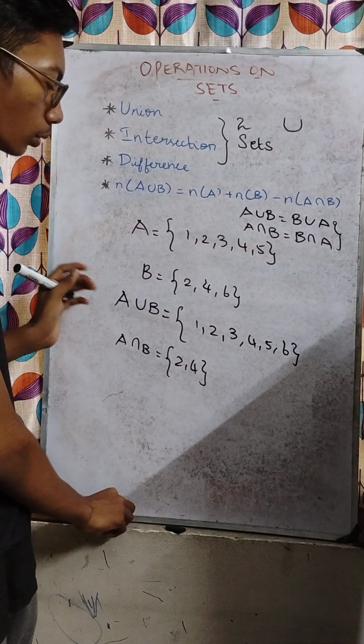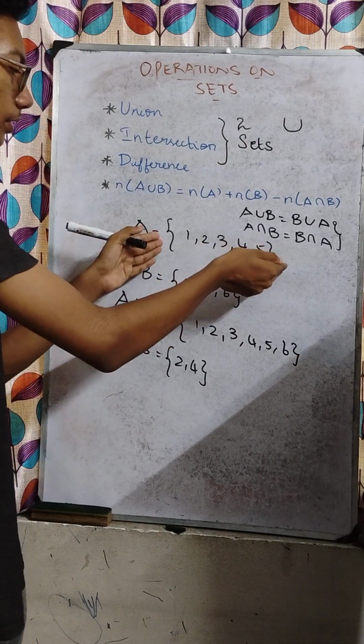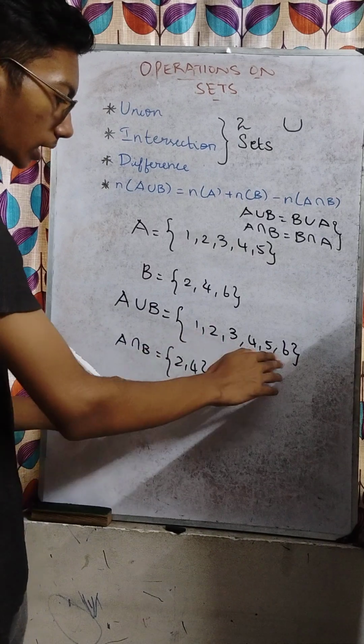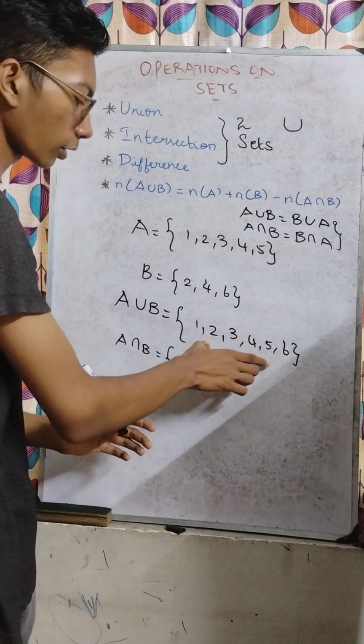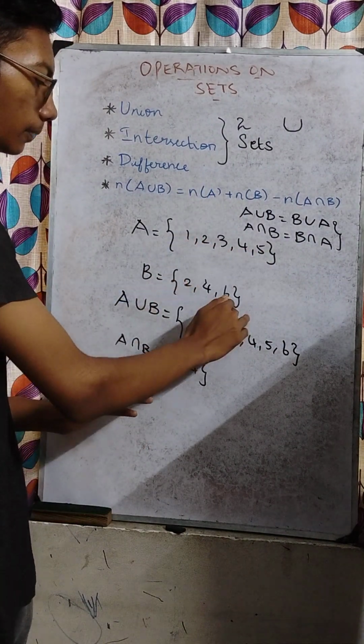Why this works is because what union does is it gets all the elements in A and B, so we have 6. If there are no intersection elements, then n of A union B will be just the elements of A and B added.